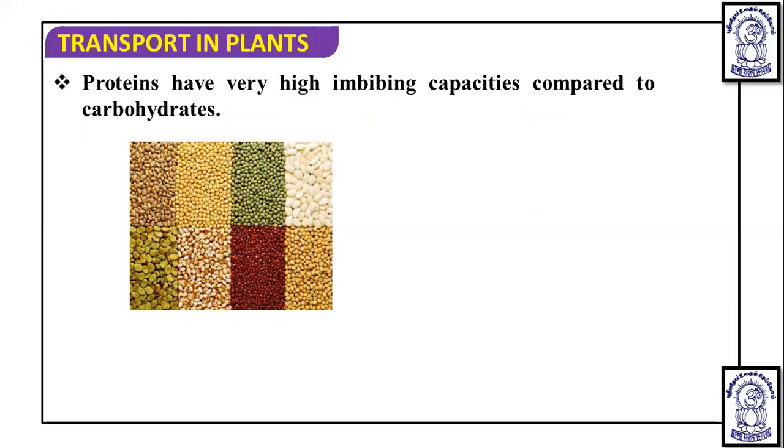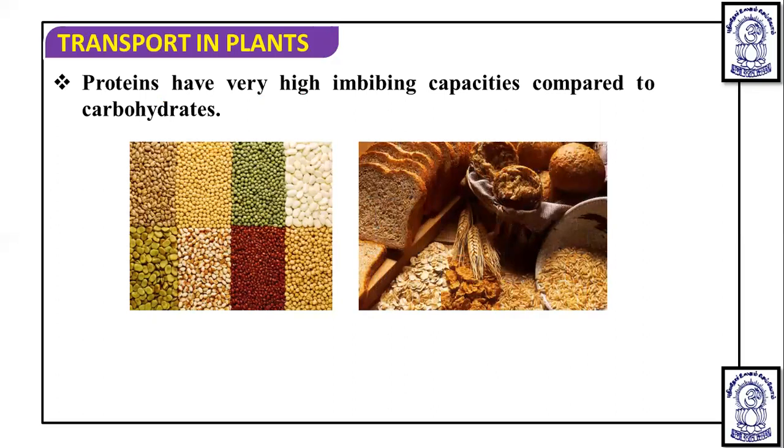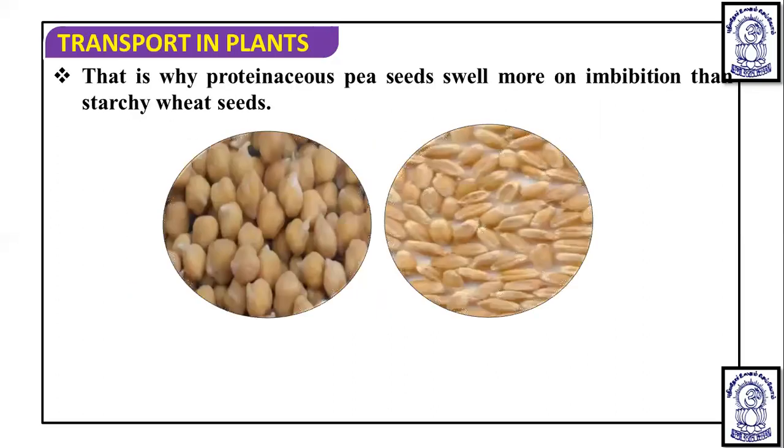Proteins have a very high imbibing capacity compared to carbohydrates, obviously. Because of this, proteins have a greater imbibition pressure than starch. That's why proteinaceous pea seeds swell more on imbibition than starchy wheat seeds. Okay, so that is all about imbibition.